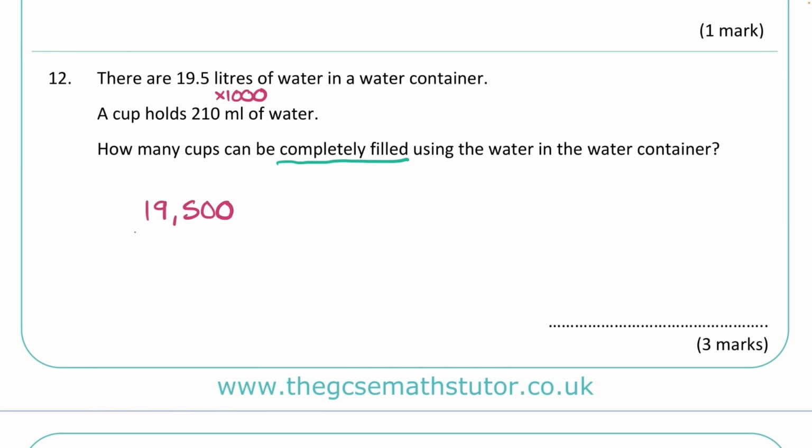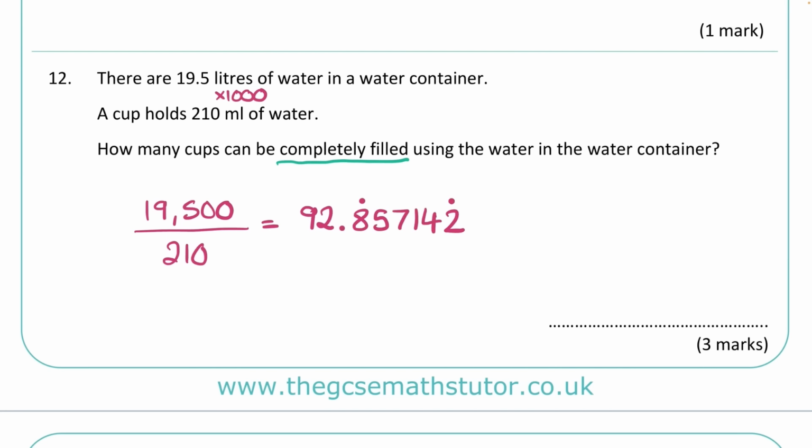So if I divide this by 210, which you can write as a division or a fraction like I'm writing here, and then we just need to type that into the calculator. So divided by 210, I get quite a horrible number here. I get 92.857142 recurring.